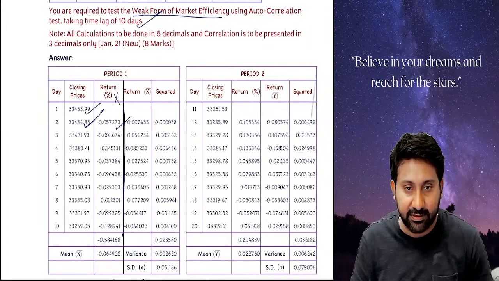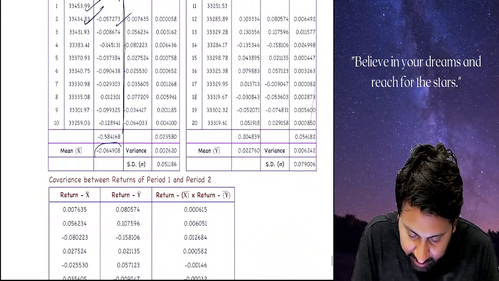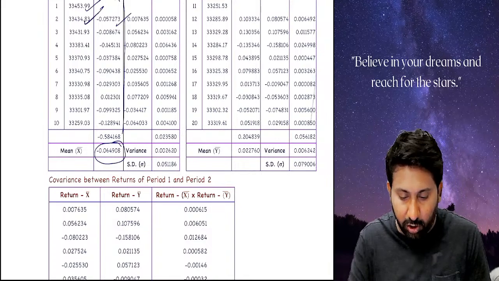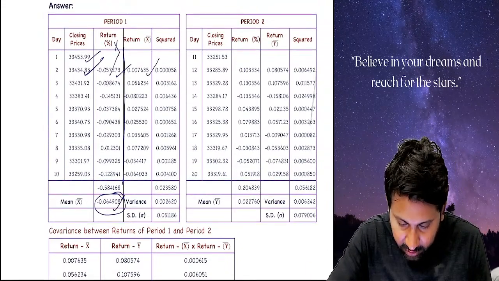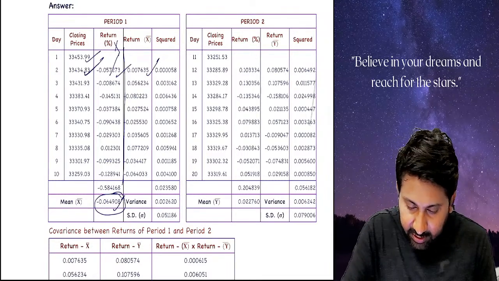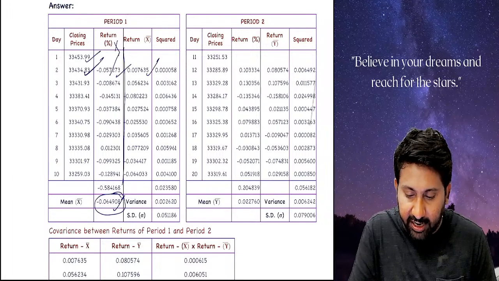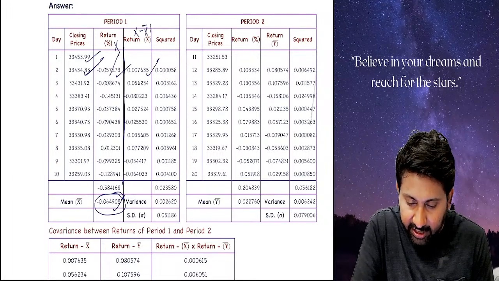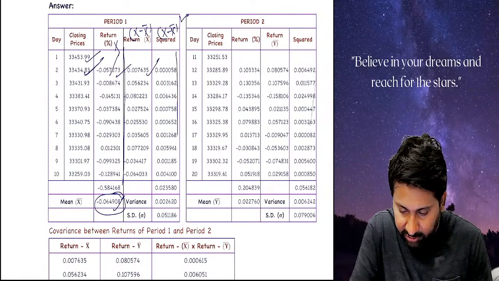This is X. You get the mean, X bar. X minus X bar you calculate here. After that, X minus X bar the whole square; you square all of these.